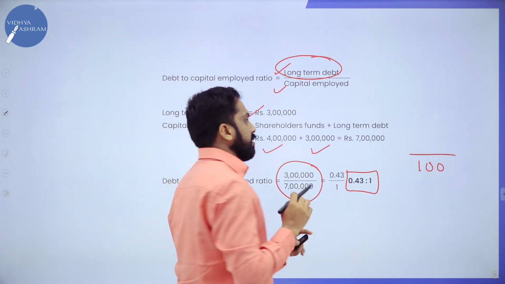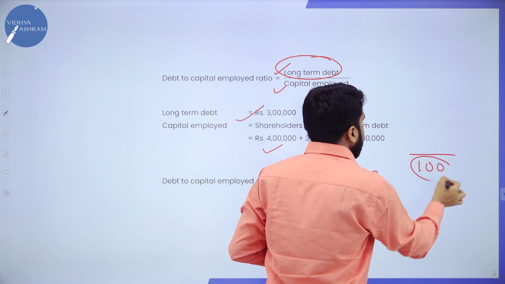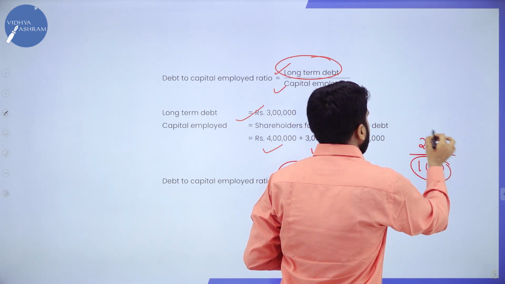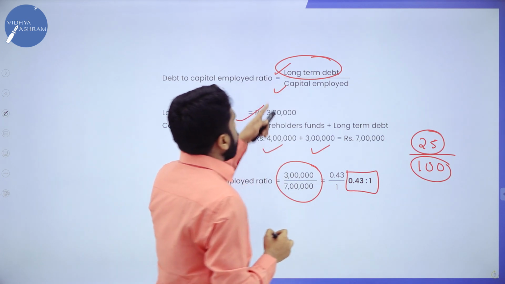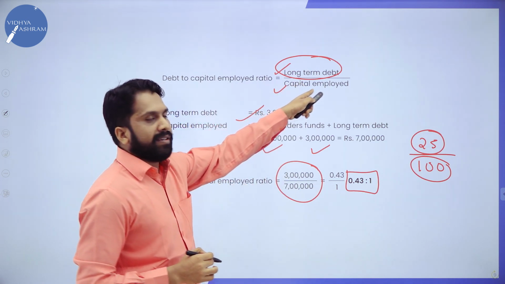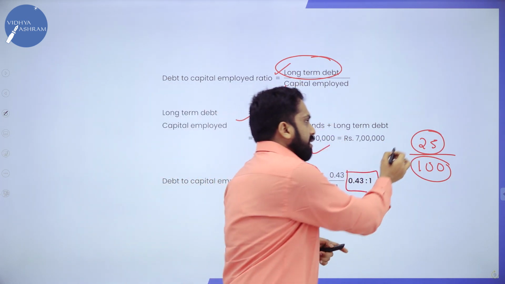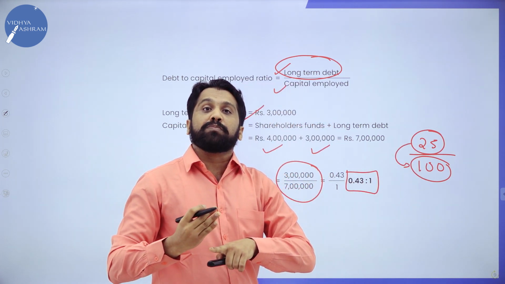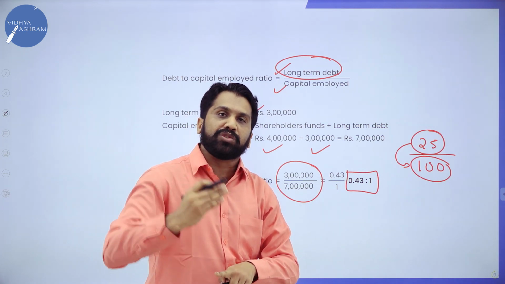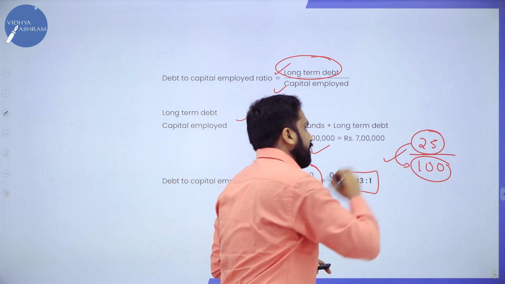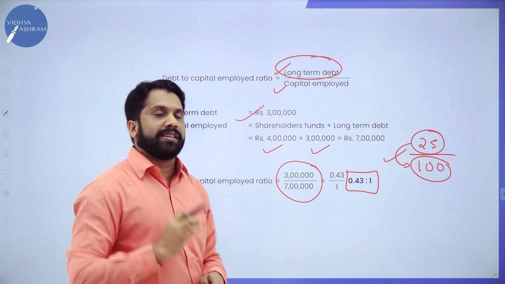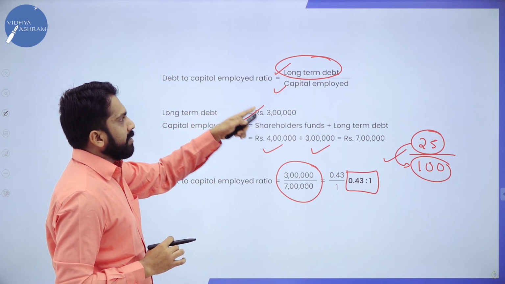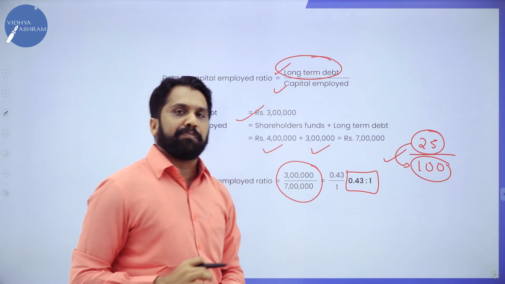In this, out of 100, how much have you taken from outsiders? It may be 25. So this is only long-term debenture divided by capital employed. This 25 is included in this, but we need how much percentage, how much in ratios. For that reason, we are calculating this. What is the ratio called? Debt to capital employed. Long-term debt divided by capital employed.